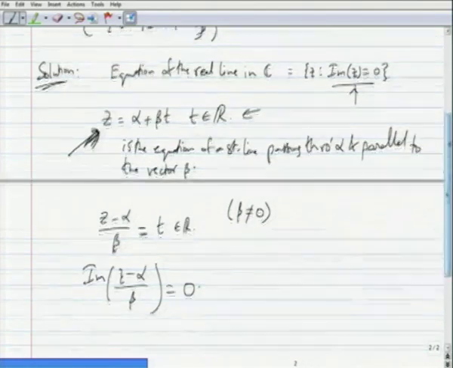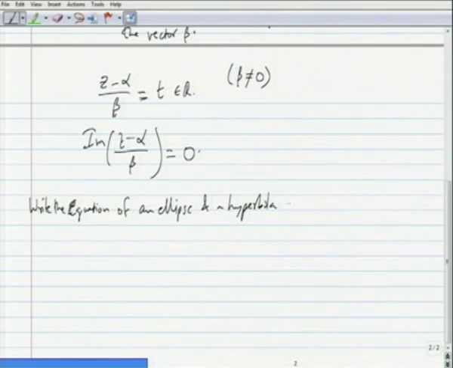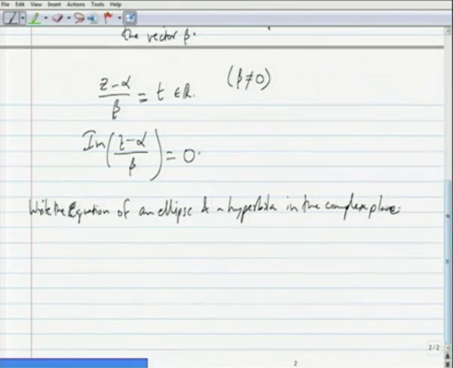One can also try to write the equation of an ellipse and a hyperbola in the complex plane. These are exercises.